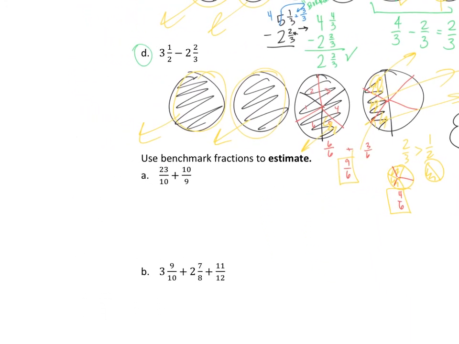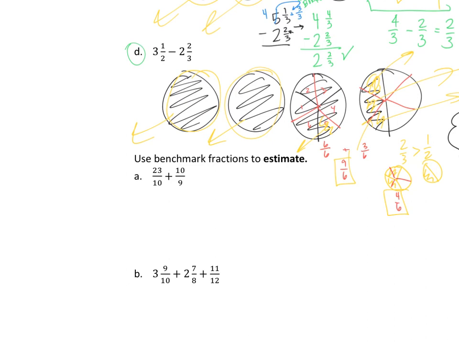If you want to see that worked out vertically like we did on the last one, that's 3 1/2 minus 2 2/3. So we rewrote the fractions as equivalent fractions, so 3 3/6 by multiplying by 3/3, and minus 2 4/6, and that's multiplying by 2/2, the whole opposite thing.